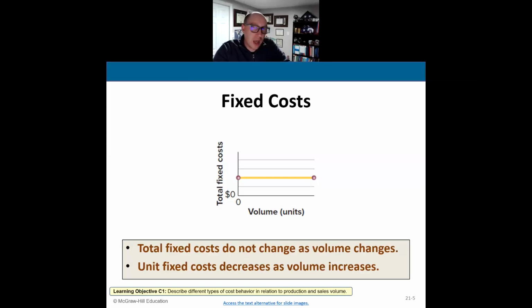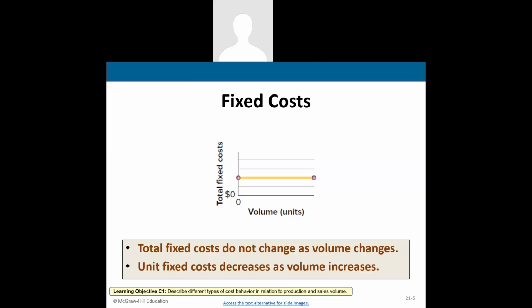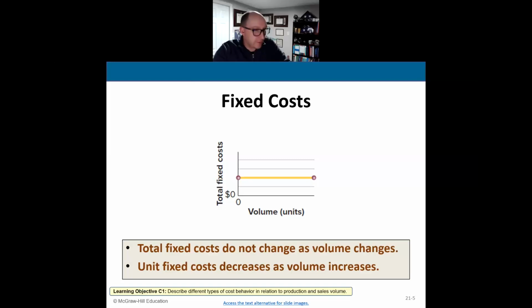Can you give me an example of a fixed cost? Leland. Oh, I was going to say rent. Yes, rent. Awesome example. Rent does not change regardless of how many units we're making. I can make 100,000 units or 5 units. The rent is still the same. Still got to pay it every month.